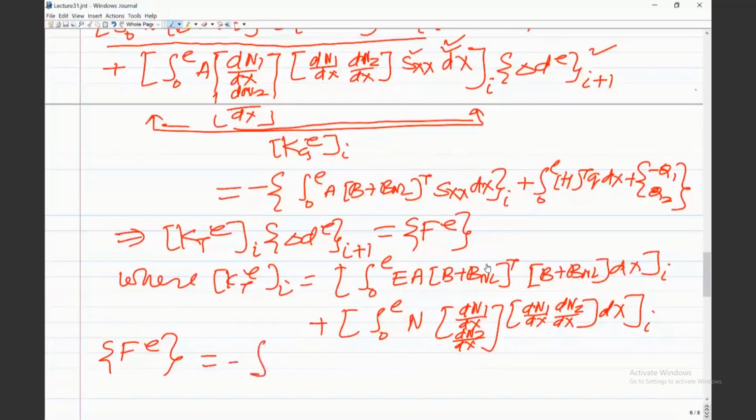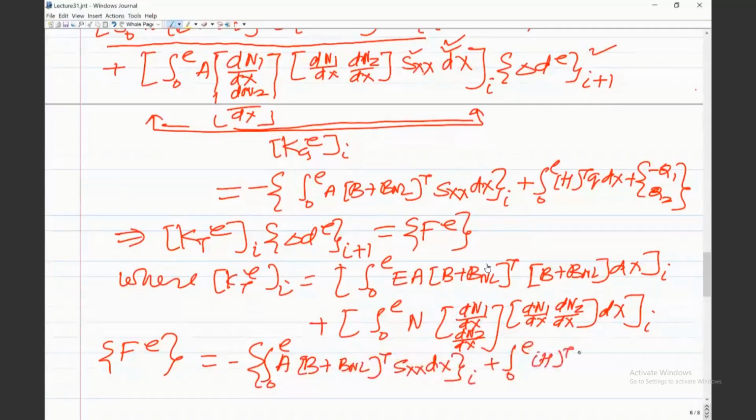You know that FE is what we already have on the right hand side. So minus the integration over 0 to L of A, B plus BNL transpose into Sxx dx at iteration i, plus integration 0 to L of H transpose Q dx, plus we will have minus Q1 and Q2.